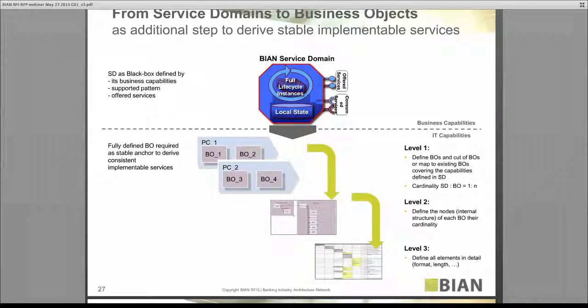Okay, because I see some questions in the chat box, and I will explain a little bit to the audience that we have the whole of the BIAN model available in our tool, Magic Draw. For the public site, the BIAN.org site, all have access to the HTML version of the model, so you can browse the model.